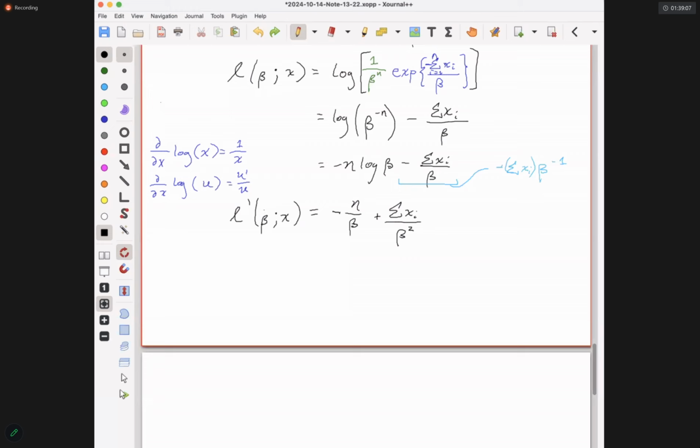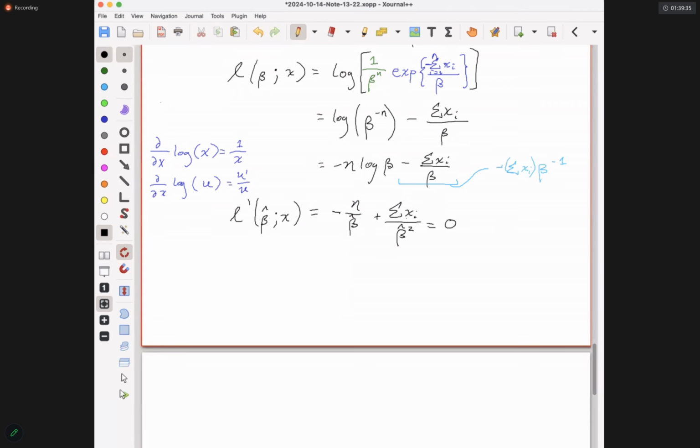Okay. So our next step we can do here, if you want, we could do the second derivative, but we want to take this and set it equal to 0. Because we need to find the value of beta hat that makes this equal to 0.